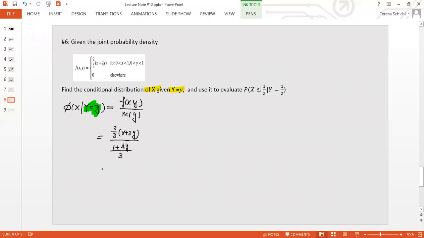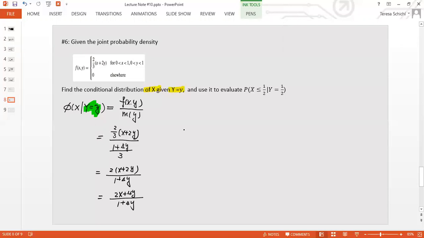If you simplify it a little bit, this gives you 1 plus 4y on the bottom, and the top is 2x plus 4y. Whenever they give the y value, you can substitute and get the conditional.